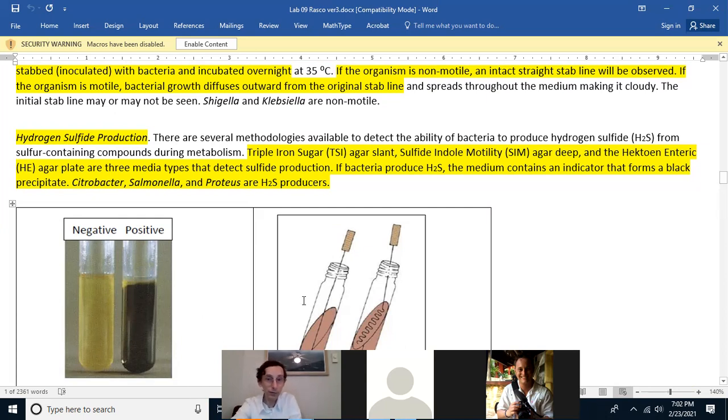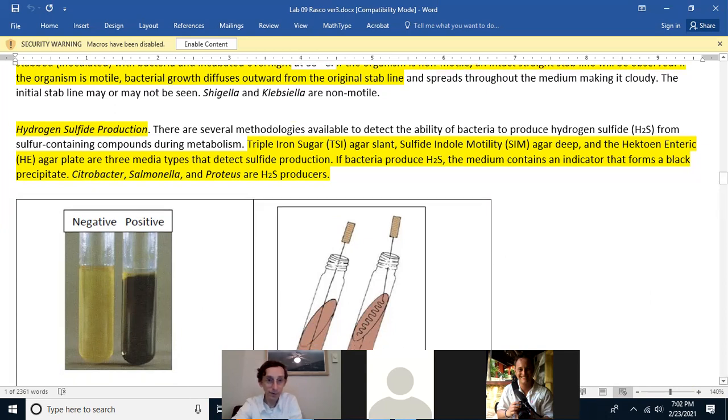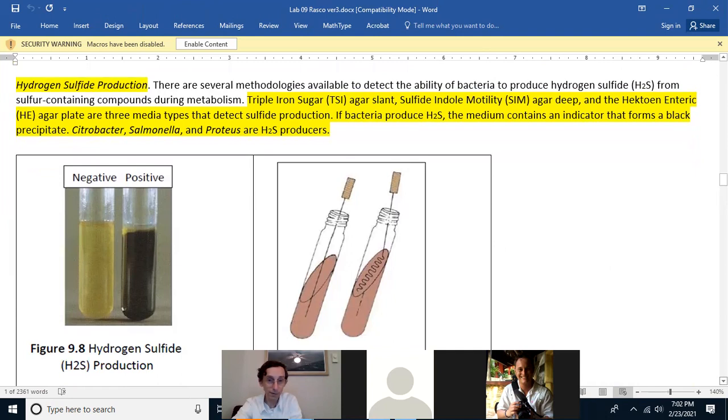Now I haven't told you how you're testing for it, because there's more than one test for the production of hydrogen sulfide.